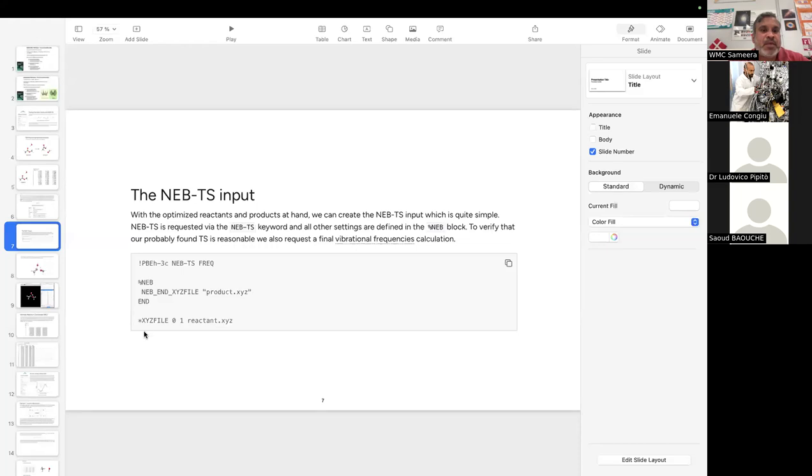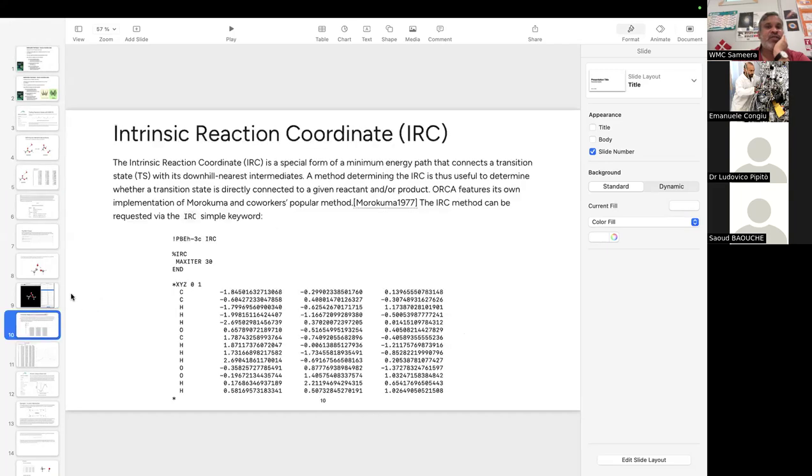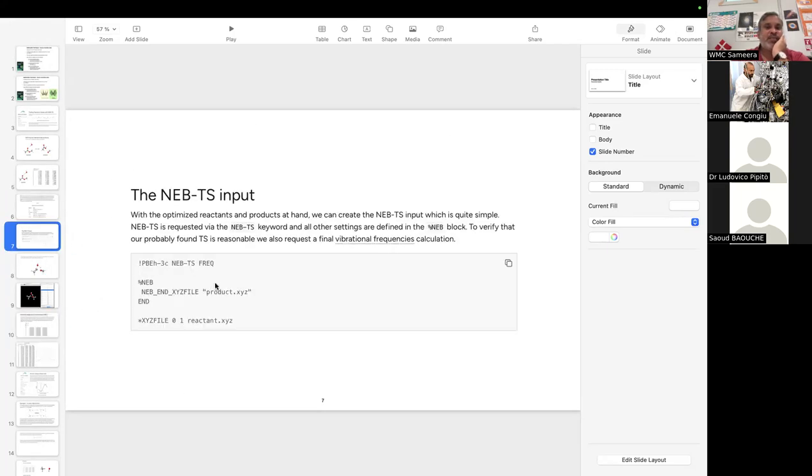Now, to optimize the structure, you can of course optimize the reactant complex and the product complex, which is fine, but let's not worry about it. We directly use the given structure to run the NEB calculation.